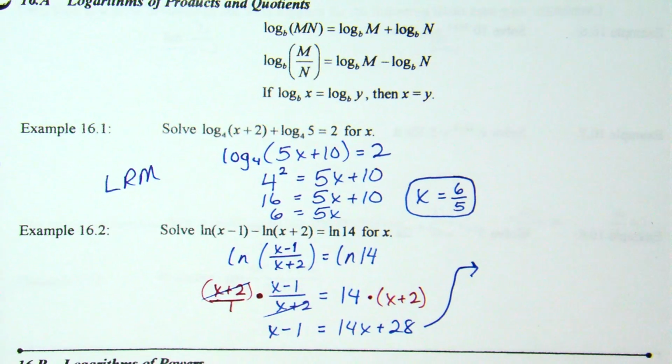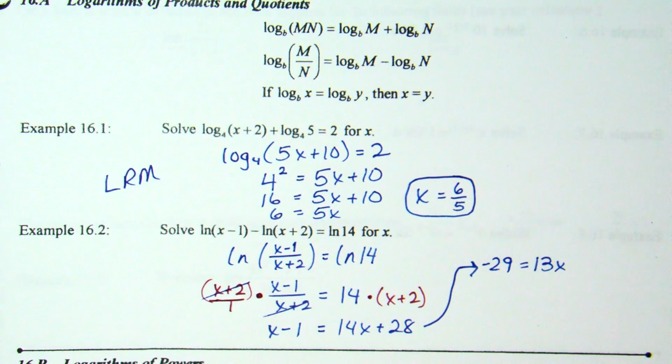And 13x equals negative 29. Okay. So if we subtract the x over to join the 14x, we have 13x on the right. If I subtract the 28 to the negative 1, I have negative 29.